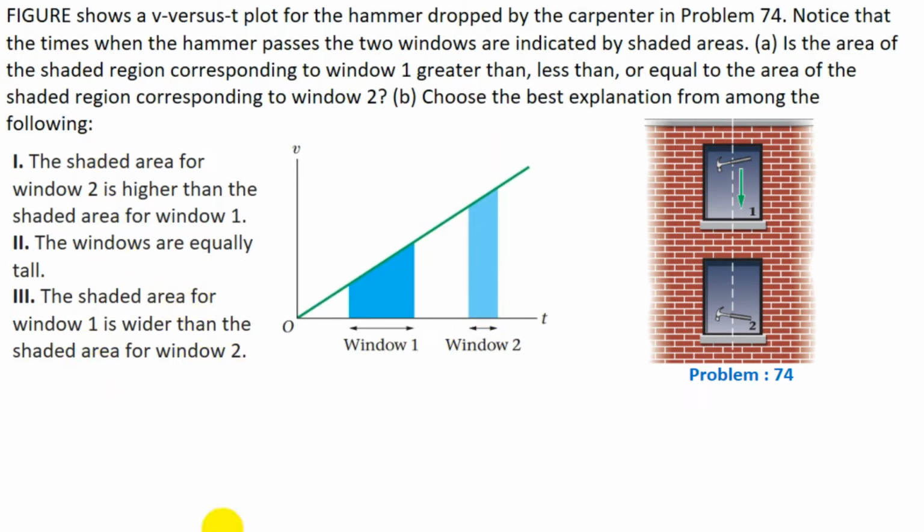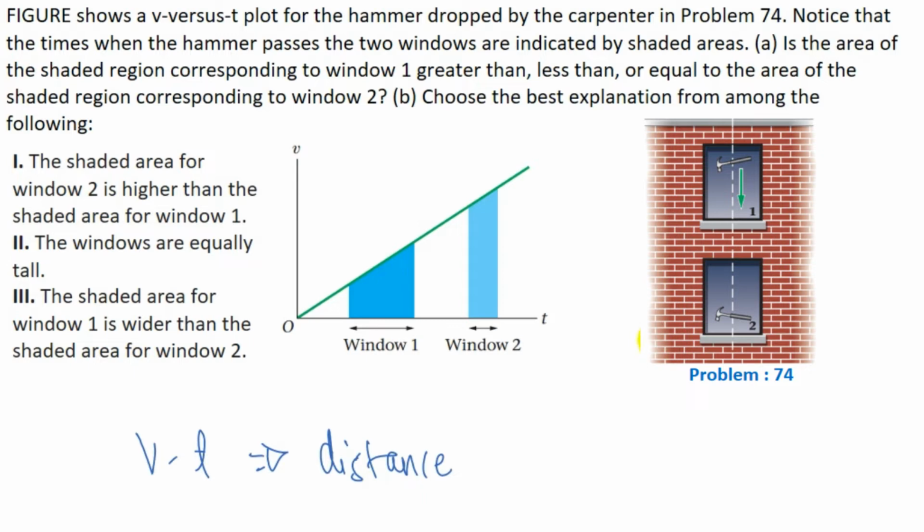Now one concept we know is that the area under a v-t graph gives the distance traveled by the particle. In this case the particle is the hammer. We also know that the windows have the same height, so the hammer travels the same distance as it passes each of the two windows.